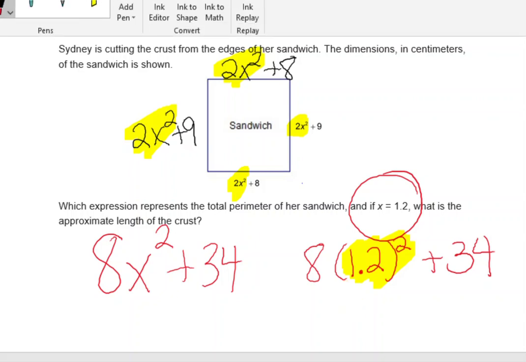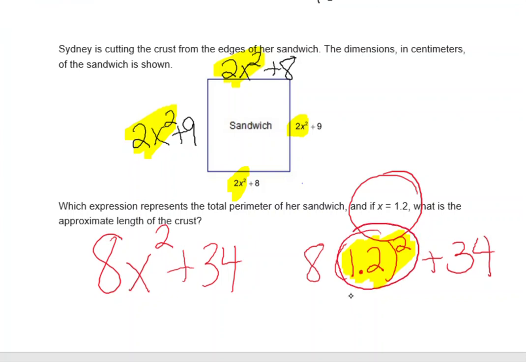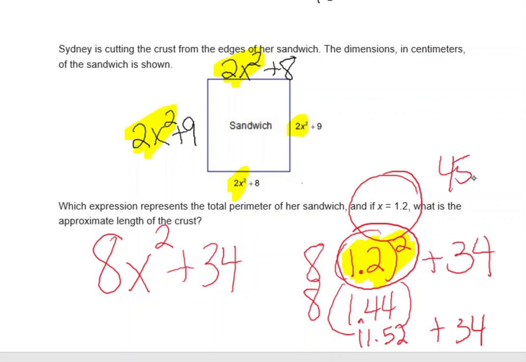So the first thing I had to do was square x. I got 1.44. Now I can do the multiplication times 8, and that gives me 11.52. Now I can add 34 to get 45.52.